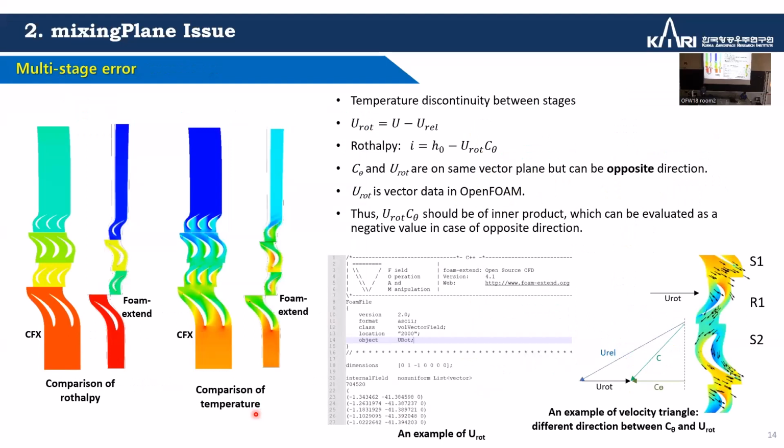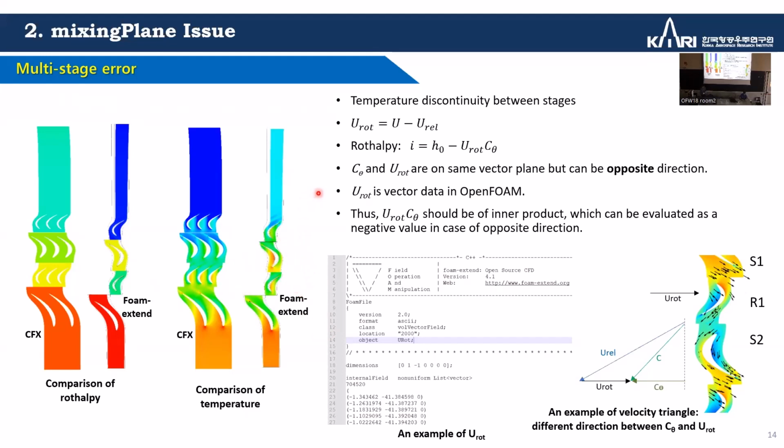And another problem is that when I solved the multi-stage, I got some error in the interface between stages. Here you can see the reference from the CFX solution, but in foam-extend you can see the discontinuity in the temperature field.